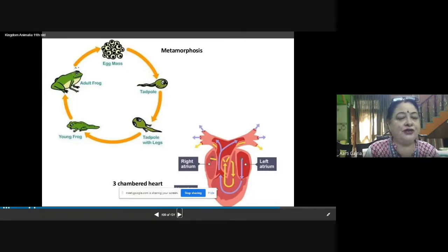Then from egg you will find the early tadpole without legs. Then you will find the later tadpole which is having legs. Then you will find the young frog. And slowly the tail will disappear and the adult frog is there. So this change is occurring, and this is the life cycle, and this is called metamorphosis.